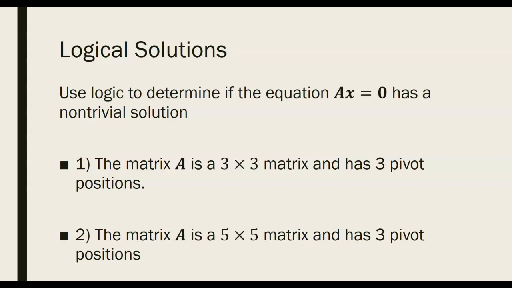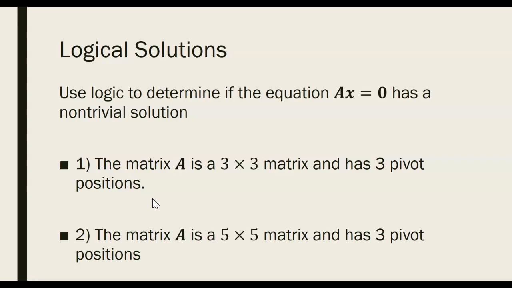So logically think through if certain homogeneous systems have non-trivial solutions based on the matrix A and just a couple of properties of matrix A specifically. All right, so let's determine if the equation has a non-trivial solution. Okay, hopefully this question is making sense.